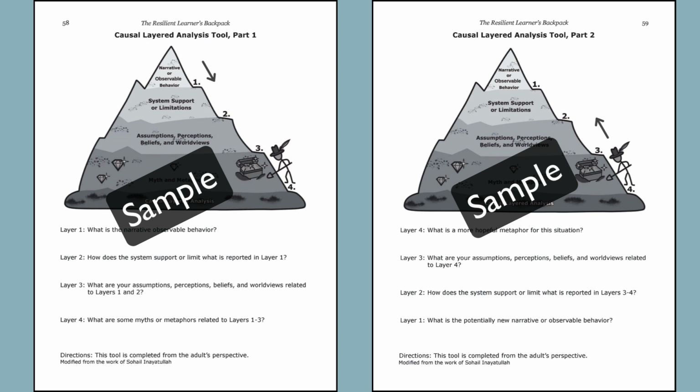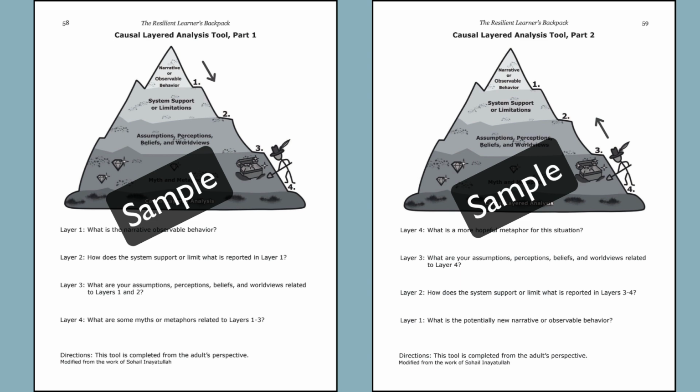So in part 1, we're going from the top down. And then in part 2, we deconstruct everything and we work with a new metaphor, something that's more optimistic or something that we want to have happen. And then we see how our assumptions, perceptions, beliefs, worldviews, and all that change as we move up.